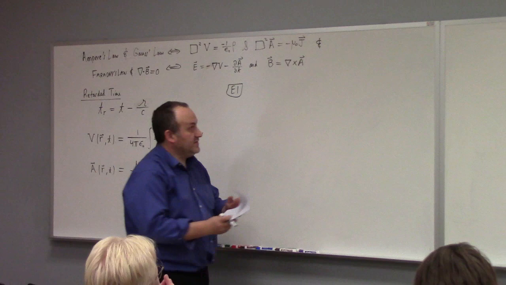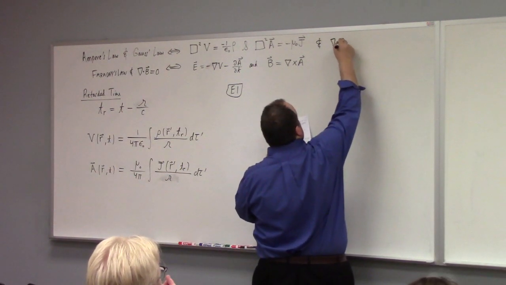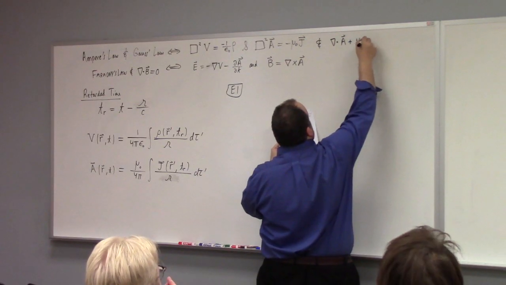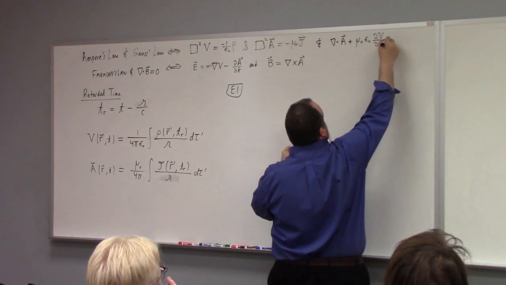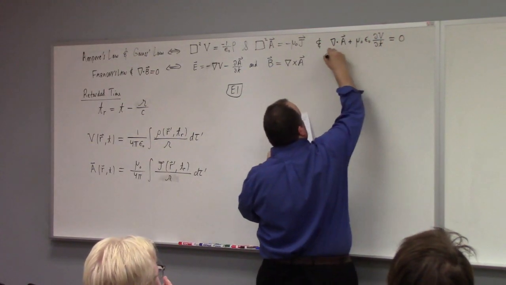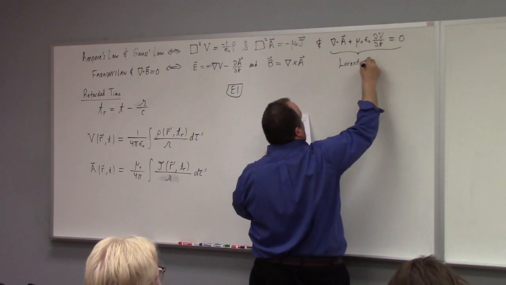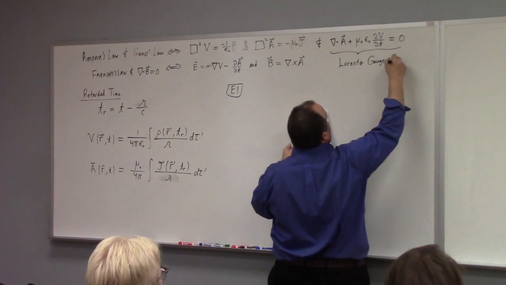Okay, so the divergence of the vector potential plus mu naught epsilon naught times partial V partial t has to equal 0. That right there is the Lorentz gauge condition. Again, the t is not supposed to be there, but I don't care.